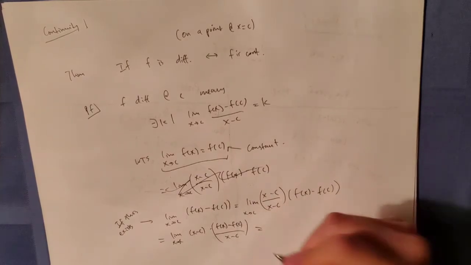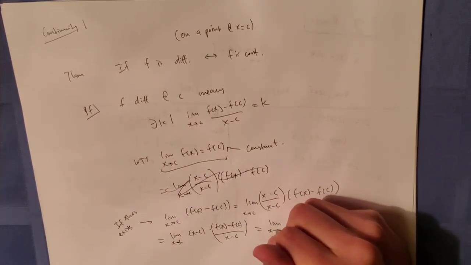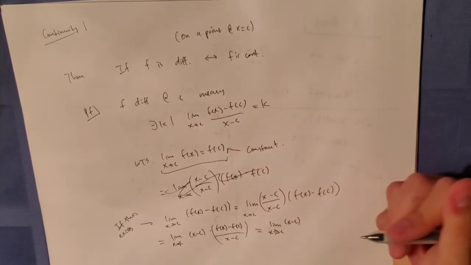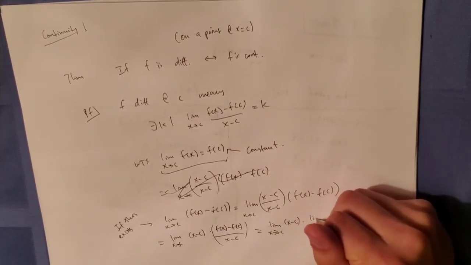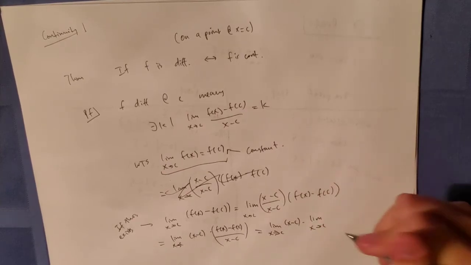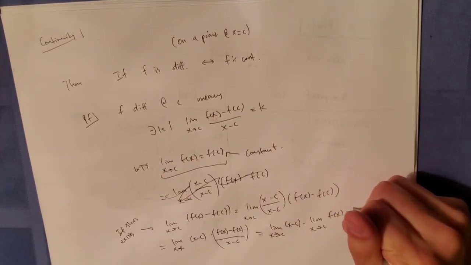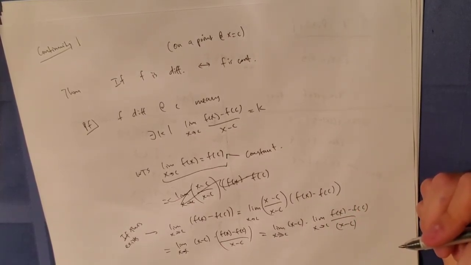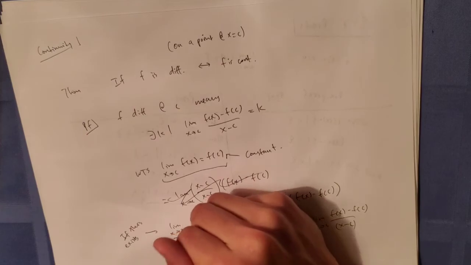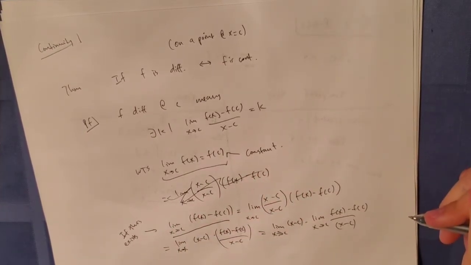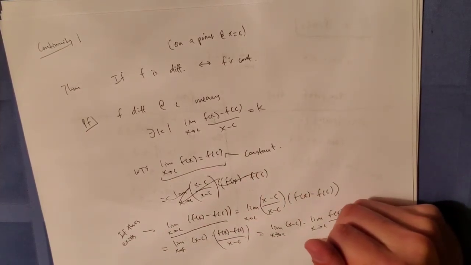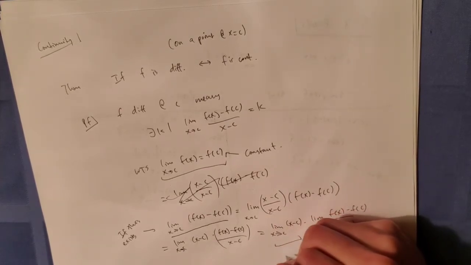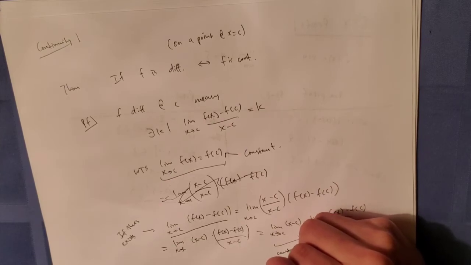This equals the limit as x approaches c of x minus c times the limit as x approaches c of f of x minus f of c over x minus c. So we know that if this exists, then this exists, because this is a constant, right?